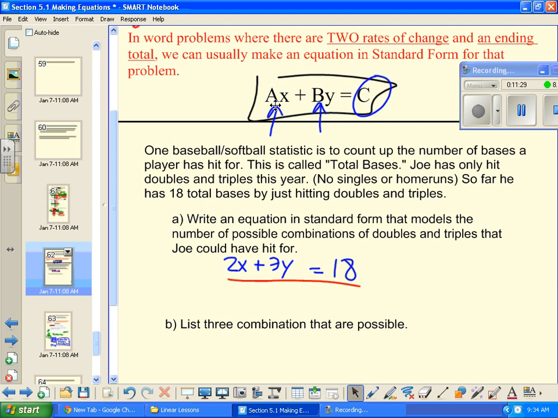That would let me figure out how many doubles and triples Joe could hit to get 18 total bases. Again, 2 stands for each double being 2 bases, so x stands for the number of doubles that Joe might have hit. 3 stands for how many bases you get for a triple, and so y is how many triples he may have hit so far. And so 2x plus 3y equals 18.